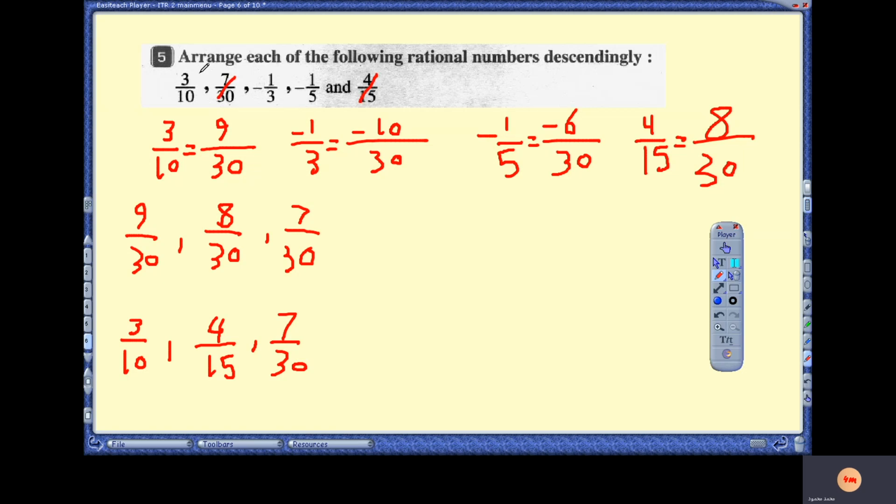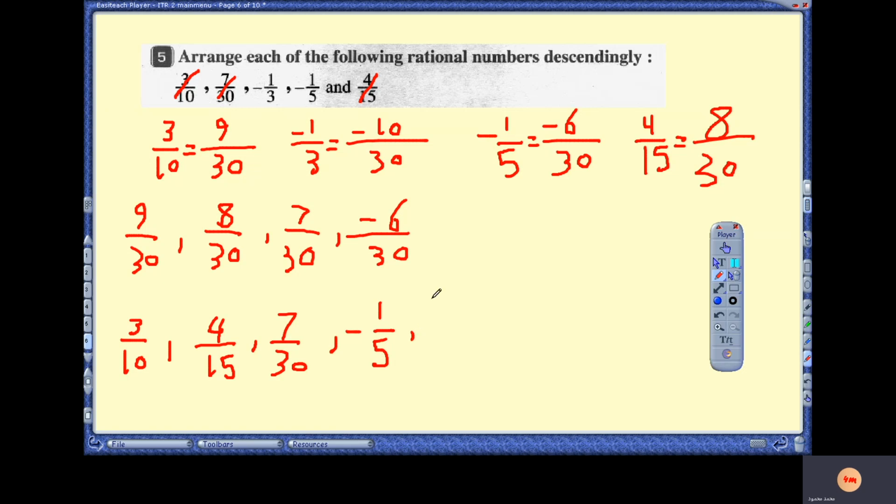Now we close these and we have the negative rational numbers. This one negative 10 over 30 and this one negative 6 over 30. Negative 6 over 30 is greater than negative 10 over 30, so you will put at first negative 6 over 30, and here write it as negative fifths.